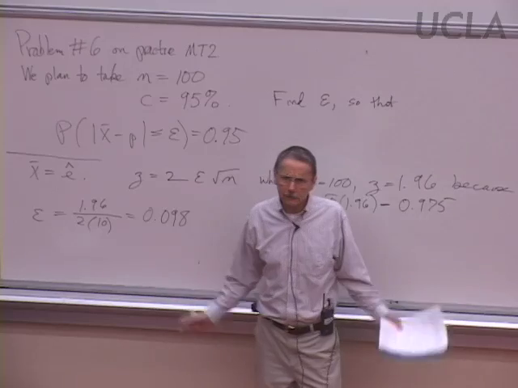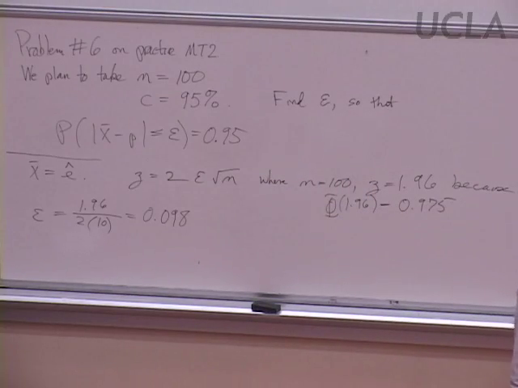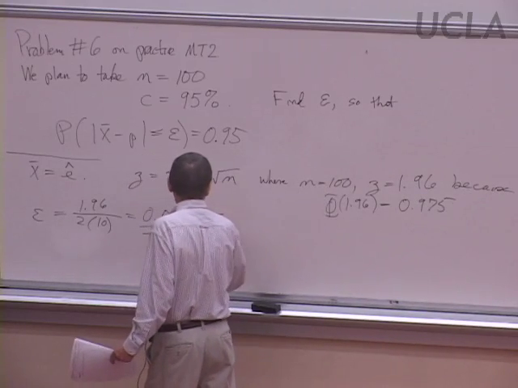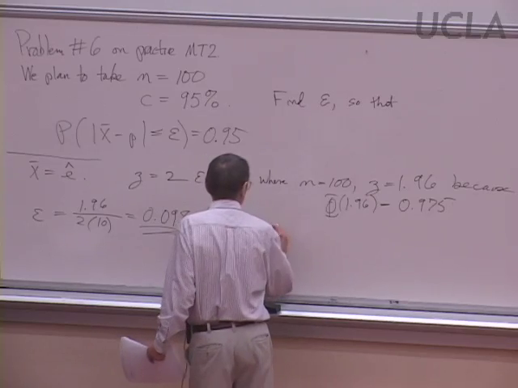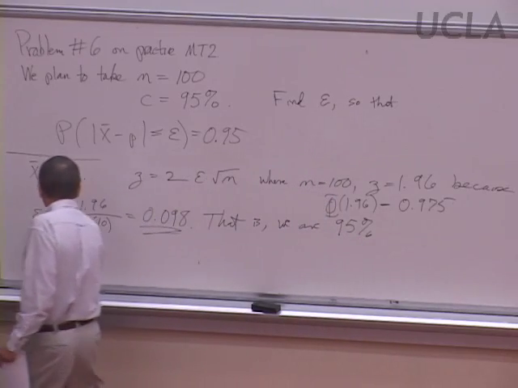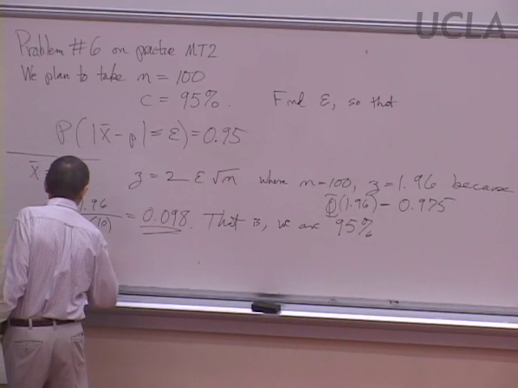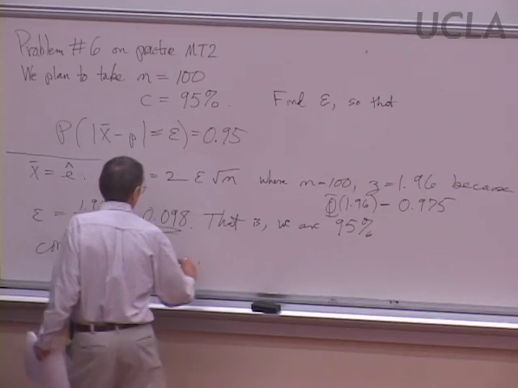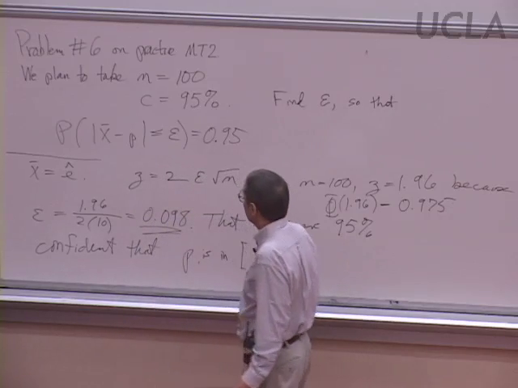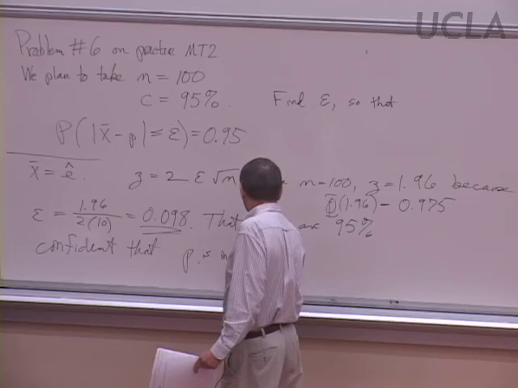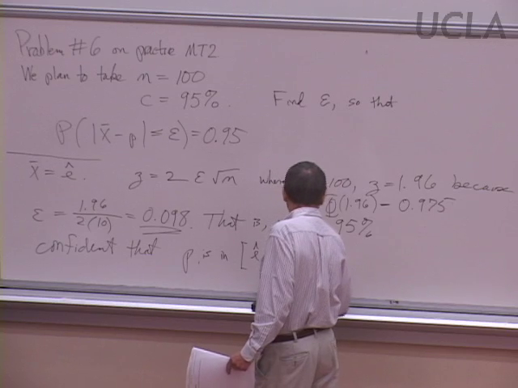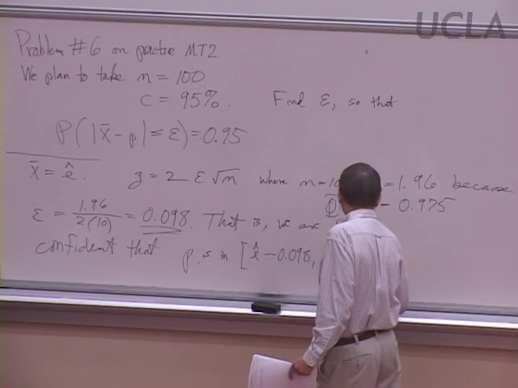Well, okay, so you did this, but let me rephrase that in terms of intervals. That we're 95% confident that P is in a certain interval, E hat minus epsilon, E hat plus epsilon.